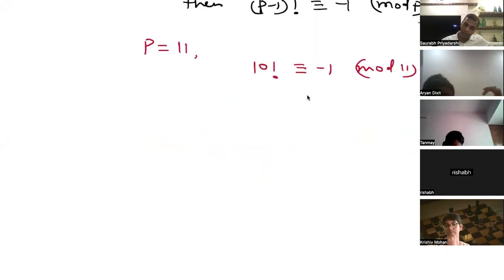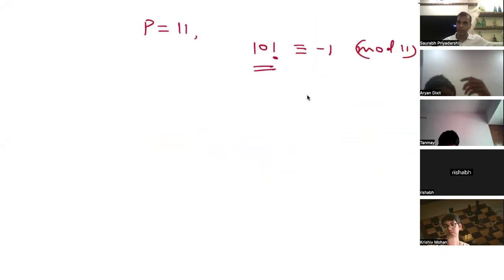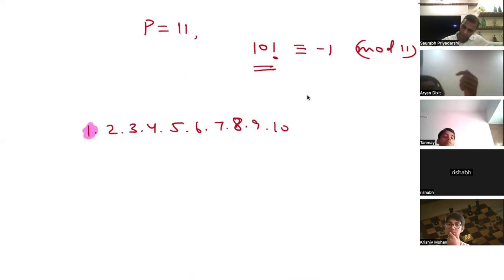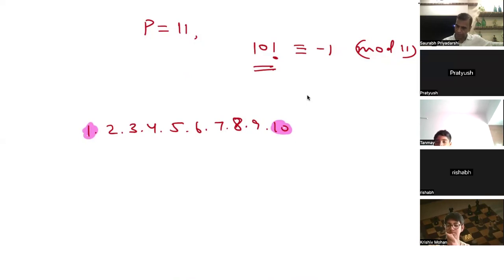This is happening because we are getting pairs from this. What type of pairs are we getting? See, the numbers are 1, 2, 3, 4, 5, 6, 7, 8, 9, and 10. If I'm combining 1 and 10, what is the remainder? 10 mod 11 is minus 1.